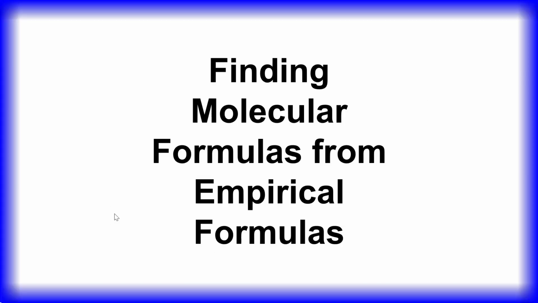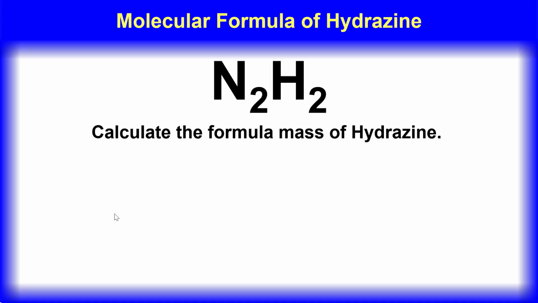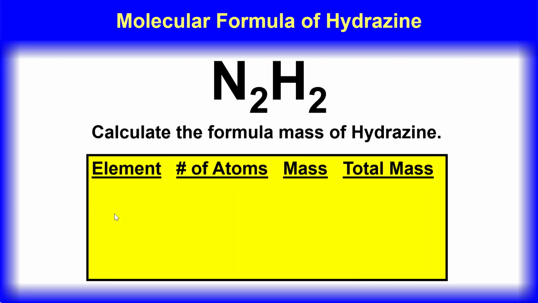All right, so now let's look at a little more in depth of the relationship between an empirical formula and its molecular formula. Okay, so let's say we have a molecular formula like this. If we calculate the formula mass of hydrazine, we would get something like this.